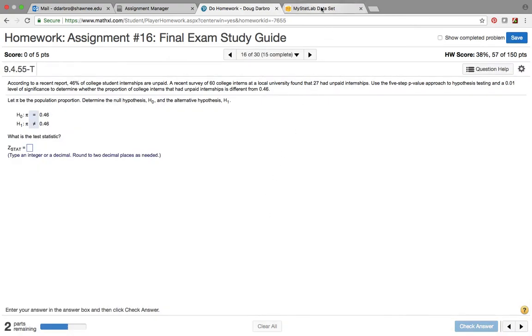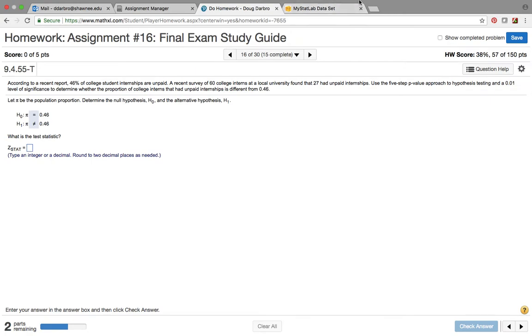Well, gang, I'm going to use my StatLab here. I'm going to write all this down so I don't mess up when I get there. Our claim is 0.46, not equal to. We have 27 out of 60, and our alpha value is 0.01.